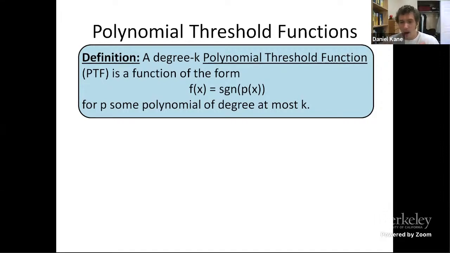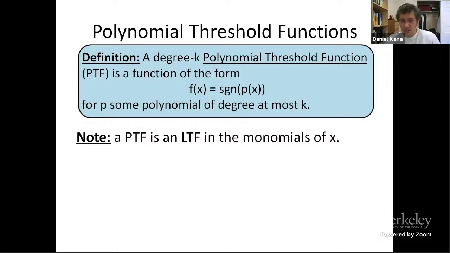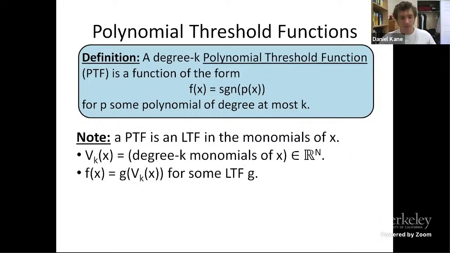So a degree k polynomial threshold function, or PTF, is a function of the form f of x is sign of p of x, where p is some polynomial of degree at most k.